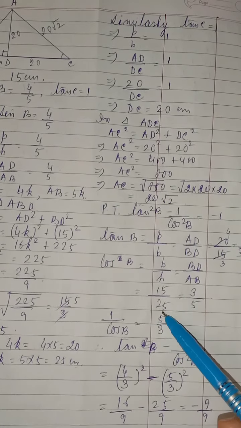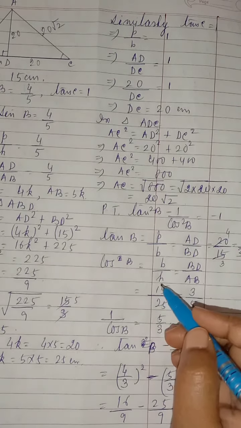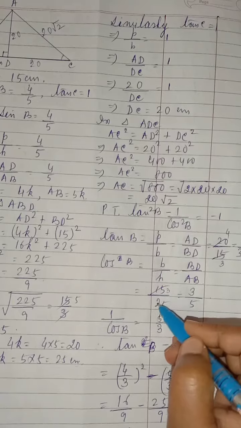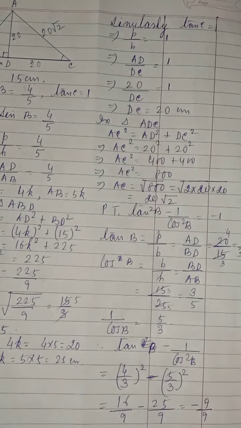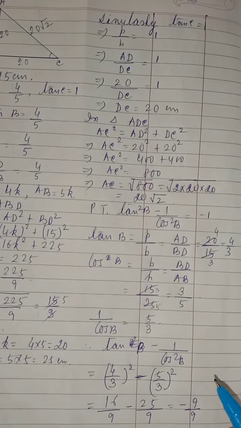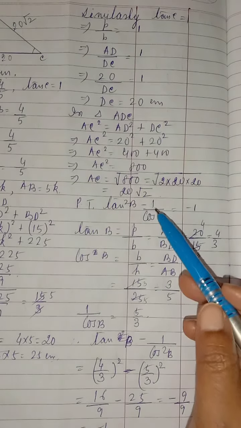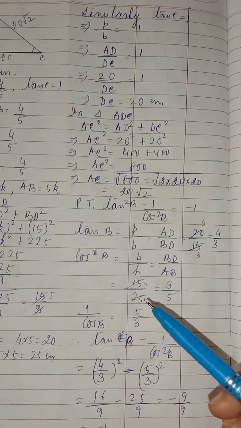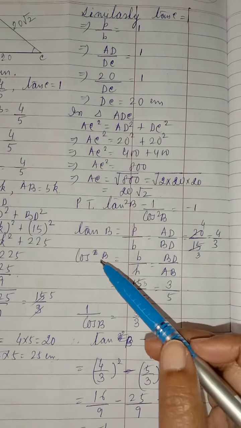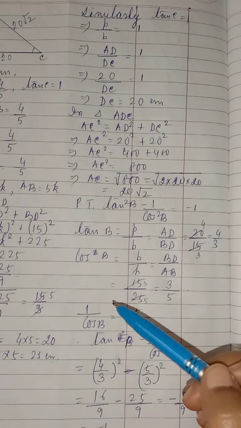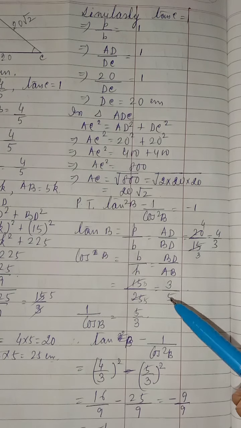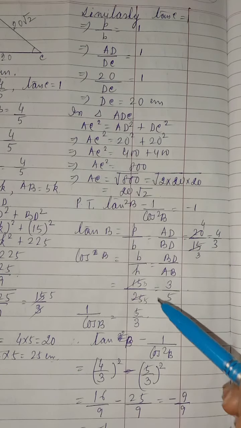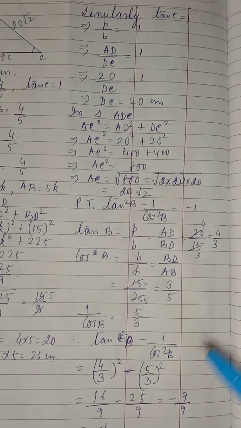So 15 by 25, that is 5 3s are 15 and 5 5s are 25, so it's 3 by 5. But in the expression we need 1 by cos square B. So let's find out 1 by cos B. Definitely it will be the reciprocal. If cos B is 3 by 5, the reciprocal of cos B will be 5 by 3.